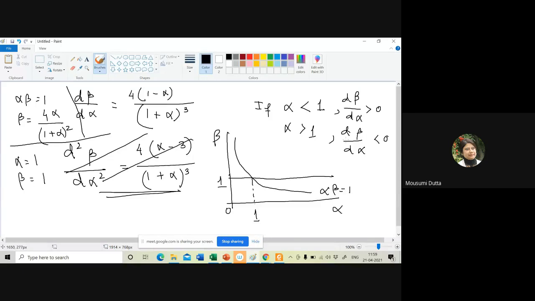For the second curve, that is beta is equal to 4 alpha by (1 plus alpha) whole square, for alpha less than 1, the curve is positively sloped. Then the lines cut each other at this point, and the line will be negatively sloped if alpha is greater than 1.